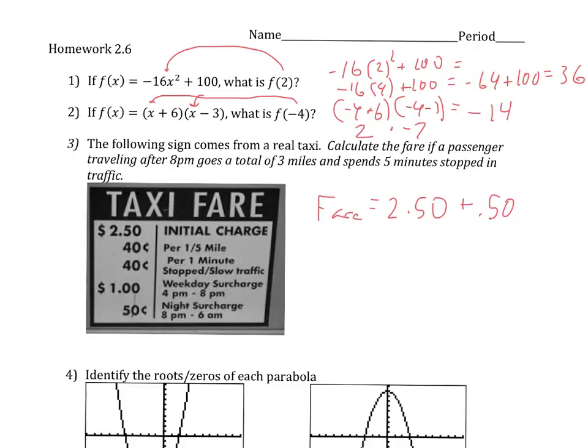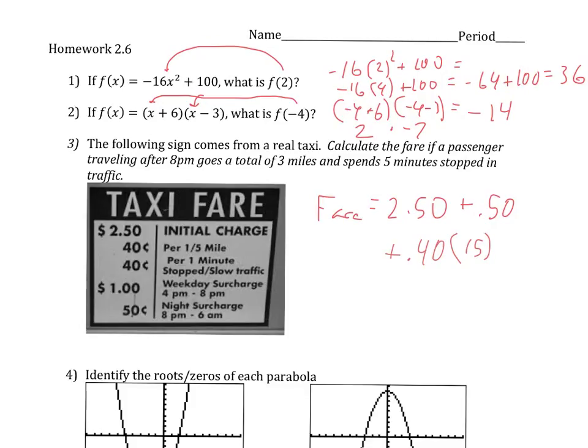Well, if you think, basically there's 5 1/5s in a mile, and we have 3 miles, so that means we're going to go 15 fifths. So I'm going to have to also charge 40 cents times, like I said, 3 miles would really be 15 1/5 miles.